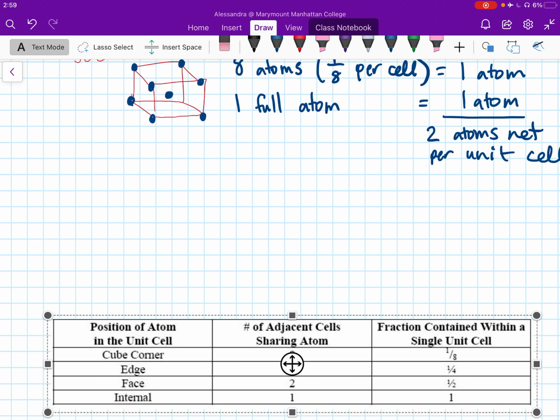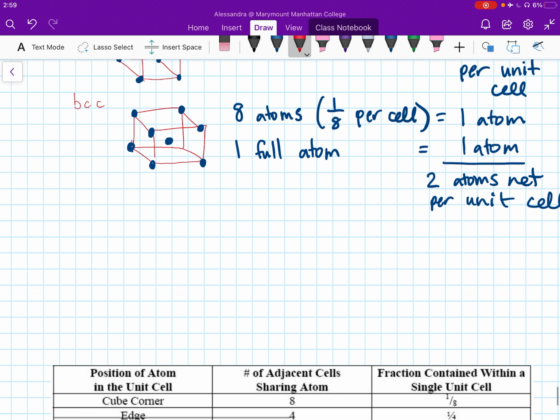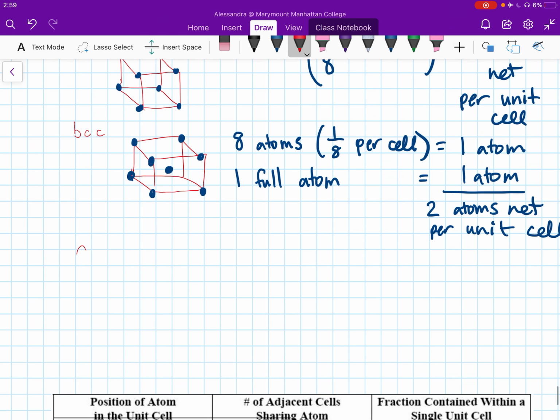So let's do the math for the face-centered cubic unit cell. Once again, I'm going to draw a cube. And in this cube, we have 8 corner atoms, as before in the simple cubic. So there are my 8 corner atoms.